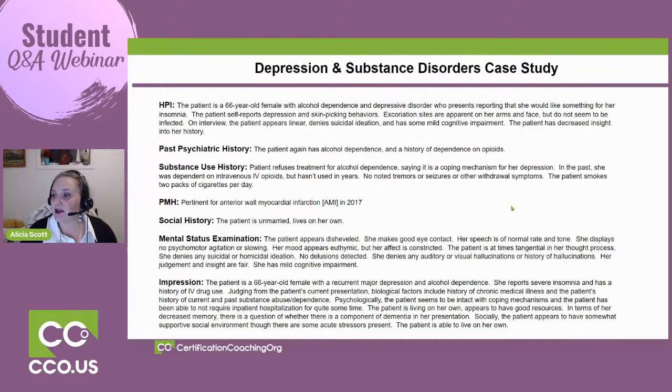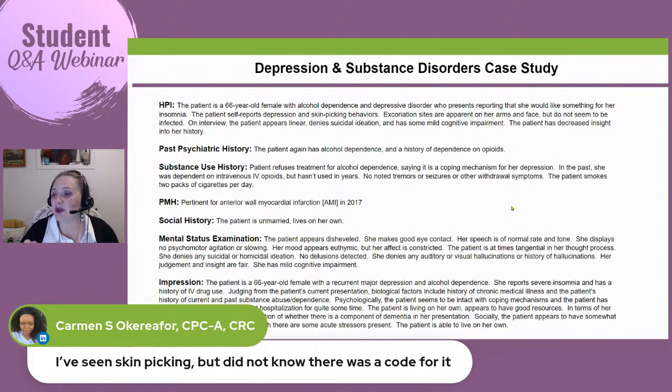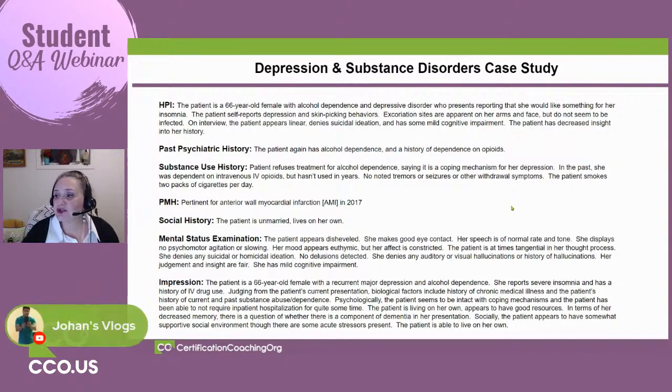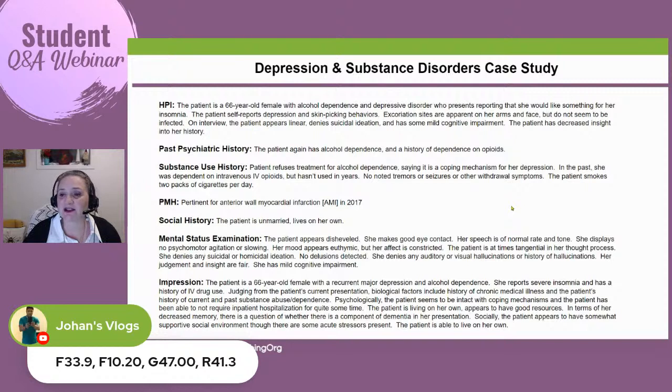All right. Carmen says, I saw skin picking, but did not know there was a code for it. Yes, there is. Now, I'm looking at Johan's codes. Wow, those codes. You guys make a point to look at that. Johan abstracted really quickly: F33.19. We know F codes are, I always think of them as, oh, you're feeling kind of funny, right?